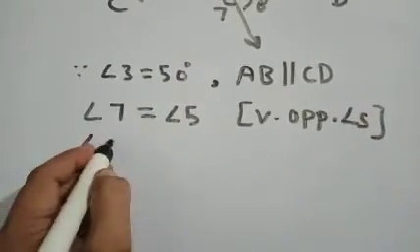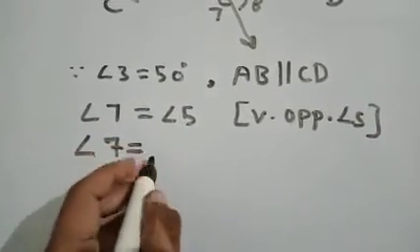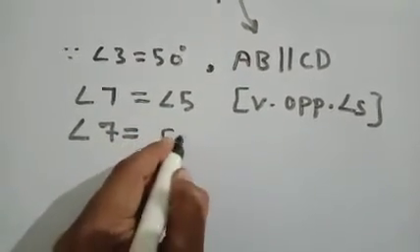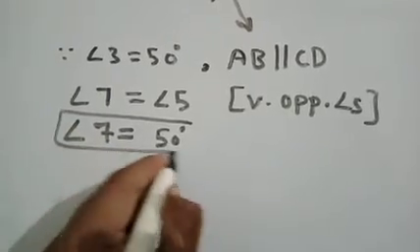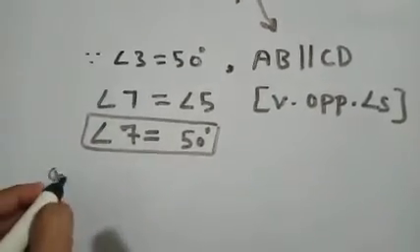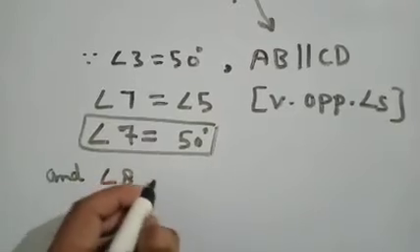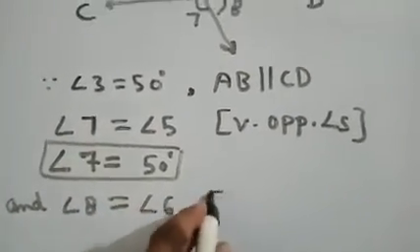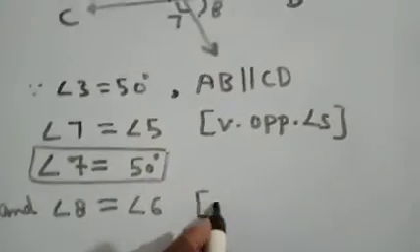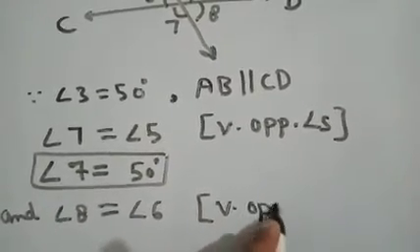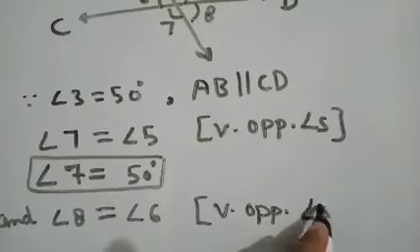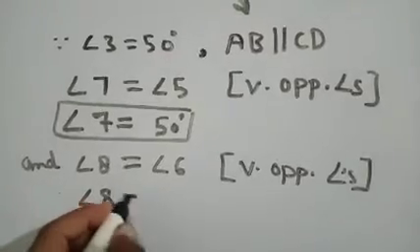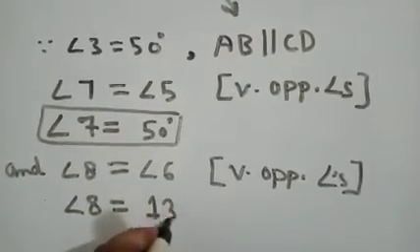Angle 7 is equal to the value of angle 5, which is also 50 degree, and angle 8 is equal to angle 6 with the same reason, vertically opposite angles. Angle 8 is equal to 130 degree.